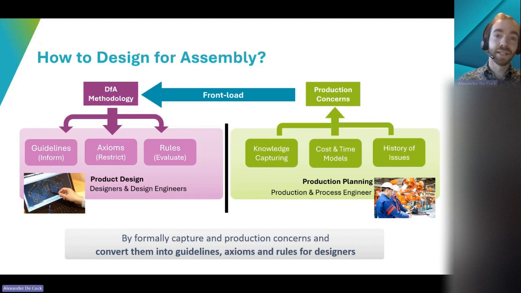So in summary, Design for Assembly will formally capture the production concerns and convert them into guidelines, axioms, and rules for your designers so that the production concerns can be considered during the design phase.